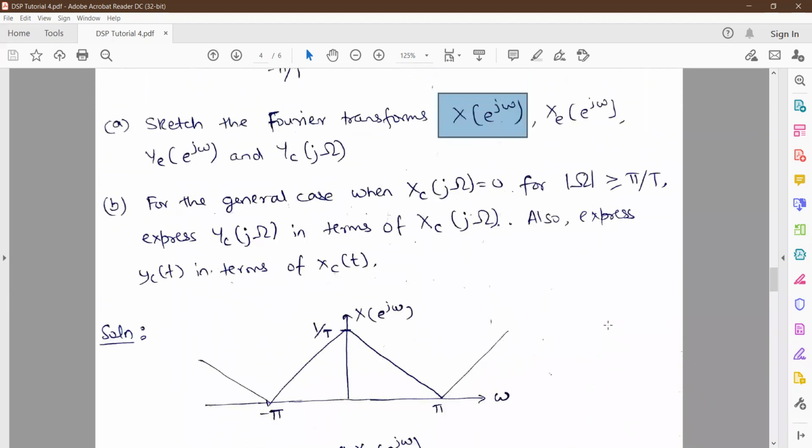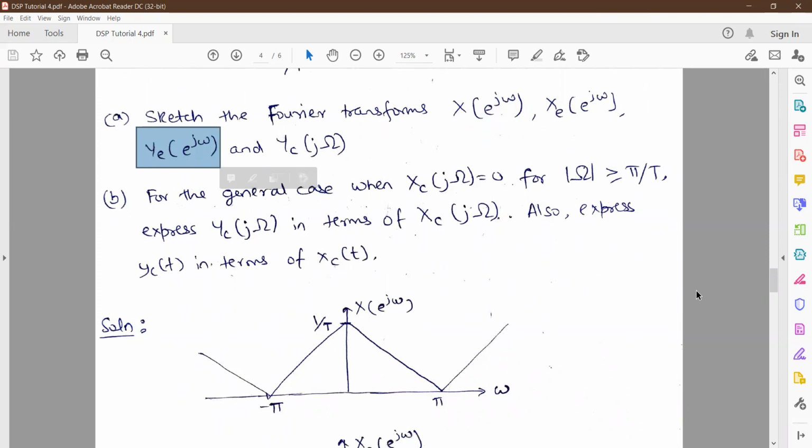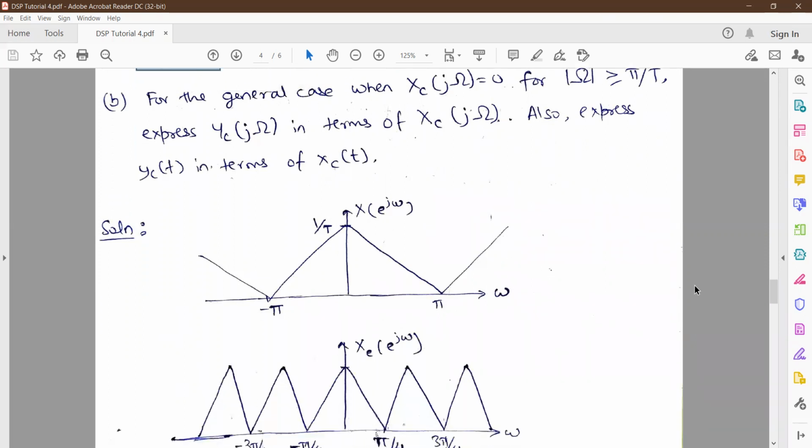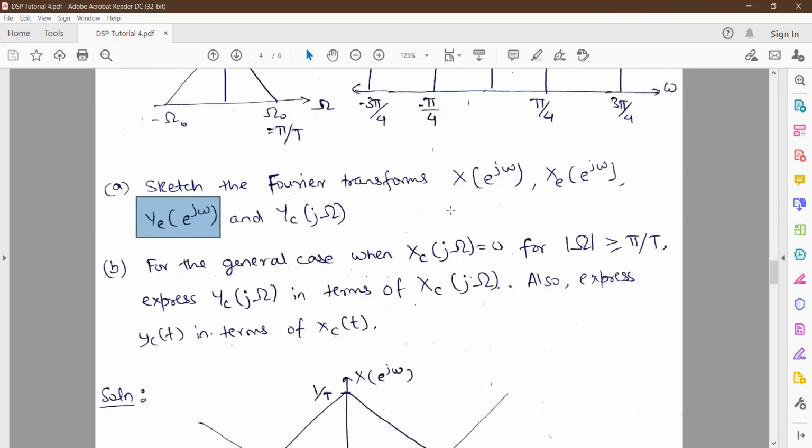Now the third thing is Y_e(e^jω), which corresponds to after we have passed it through this filter. So again, look at this filter. Clearly, it allows the frequency spectrum between π by 4 to 3π by 4 and minus 3π by 4 to minus π by 4 to pass. The rest of it will not appear in the output.